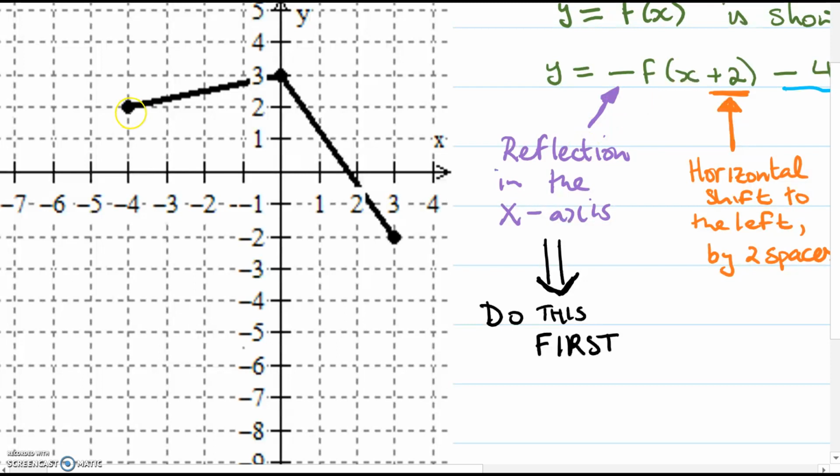So what we do is take this point and move it to the x-axis, so straight down 1, 2, and on the same distance, 1, 2. So that's going to end up there initially. At this point, move it down to the x-axis, 1, 2, 3 spaces, and move it 3 more, 1, 2, 3.